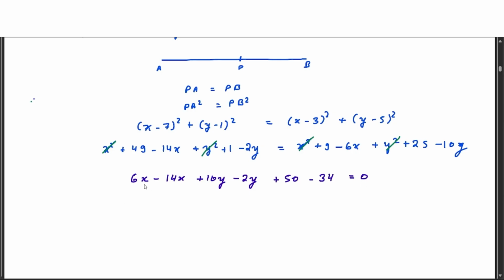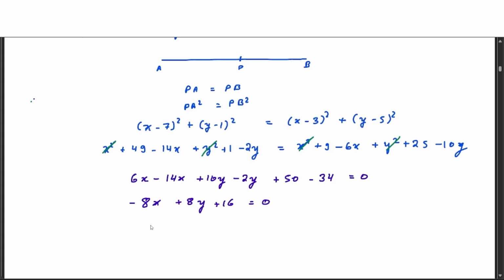Now you can solve. So 6x minus 14x, you will get minus 8x, and 10y minus 2y, so you will get 8y, and 50 minus 34, you will get plus 16 is equal to 0.